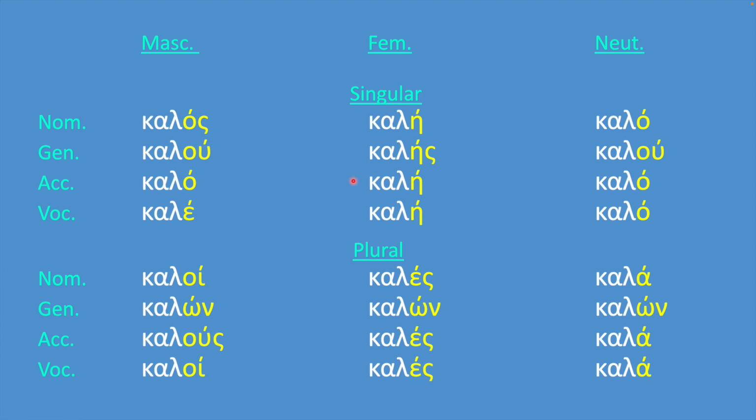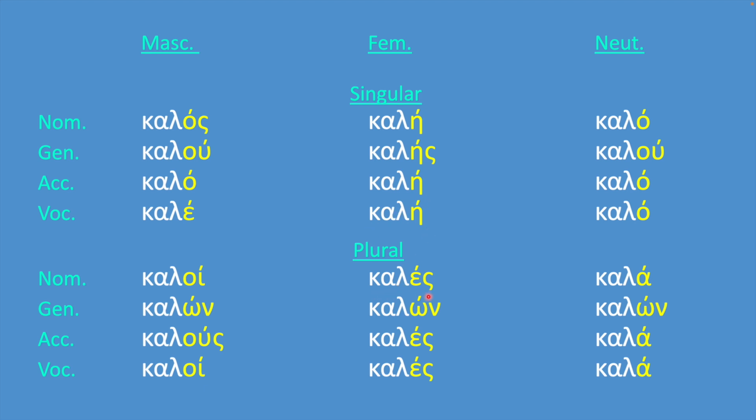And this is how the adjectives of this group are declined. Καλός, καλού, καλό, καλέ. Καλή, καλόν, καλούς, καλή. It's declined just like a noun ending in os, like γάτος, for example. The feminine, καλή, καλής, καλή, καλή.